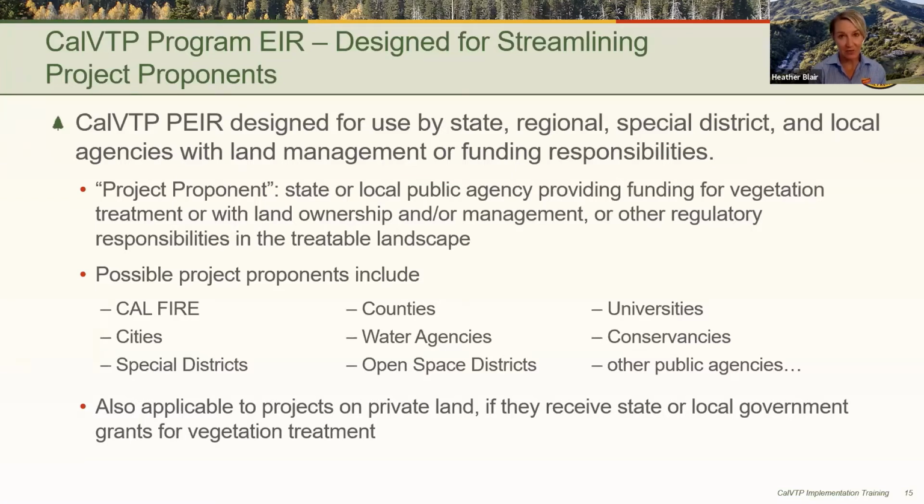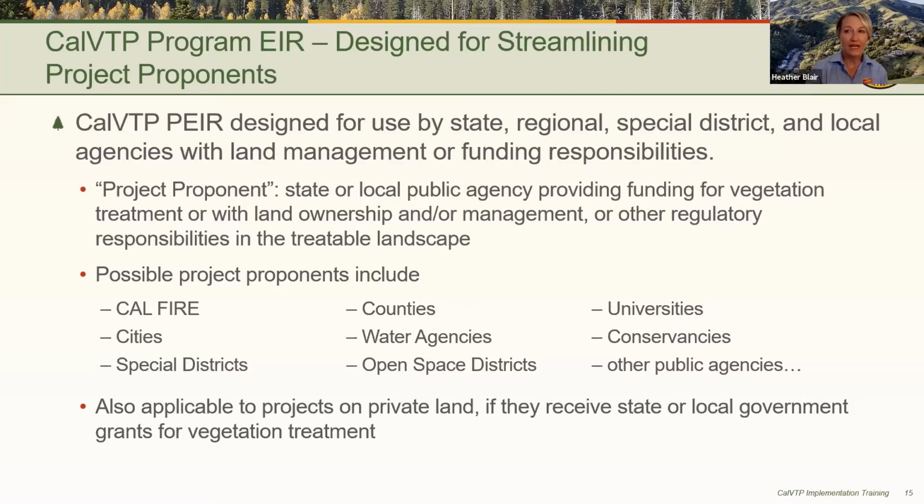And in this case, that would be vegetation treatment projects, so long as those activities are consistent with the program EIR. But what is unique about this program EIR is that it was deliberately designed for use by many agencies. The Board of Forestry is conducting this training to promote its use by many agencies, and it will take use by many agencies to reduce wildfire risk at the pace and scale that is needed.